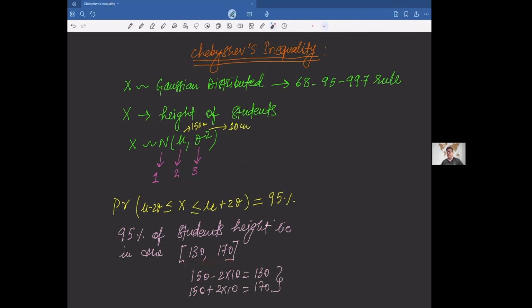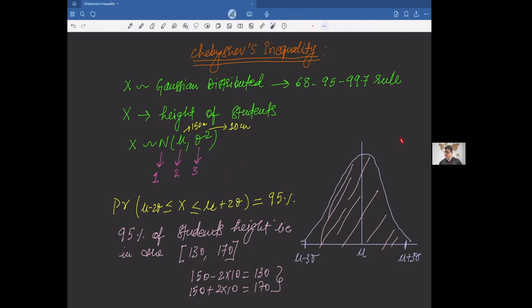Let me draw a Gaussian distribution for you. If you look at this Gaussian distribution, 99.7% of my data lies between mu minus 3 sigma and mu plus 3 sigma. This is my Gaussian distribution.